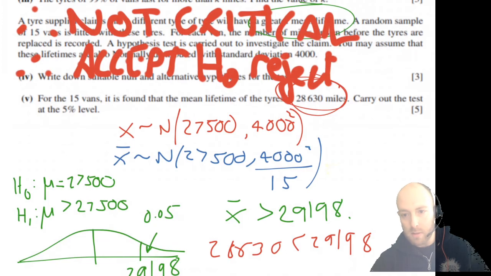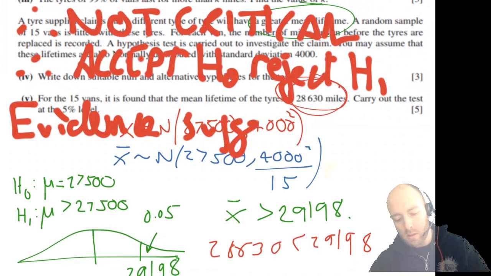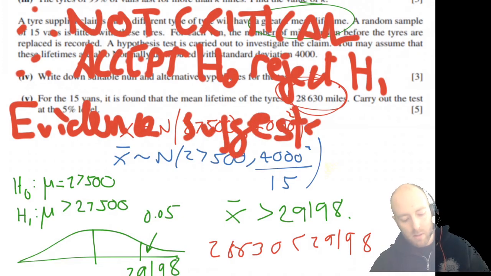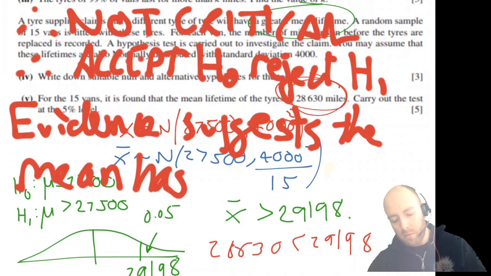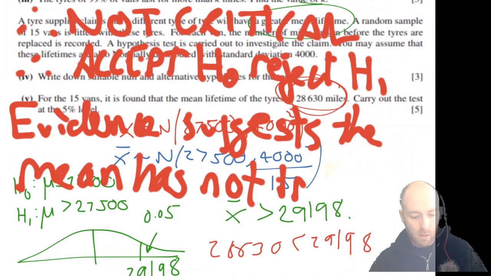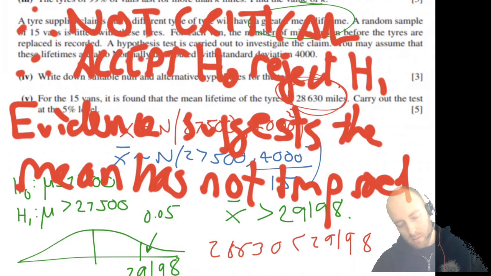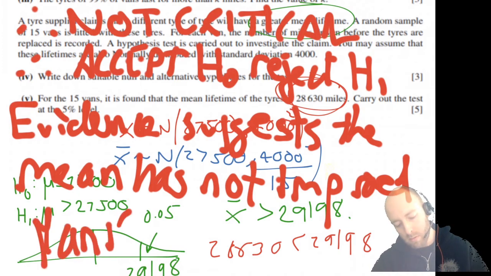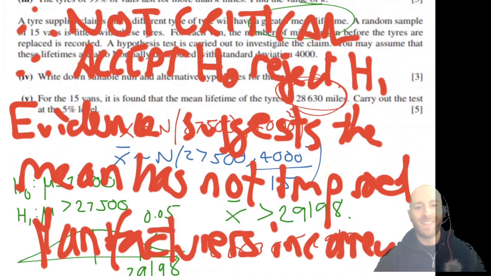We can say evidence suggests the mean has not improved. So you could say the manufacturer's claim is incorrect. Cool.